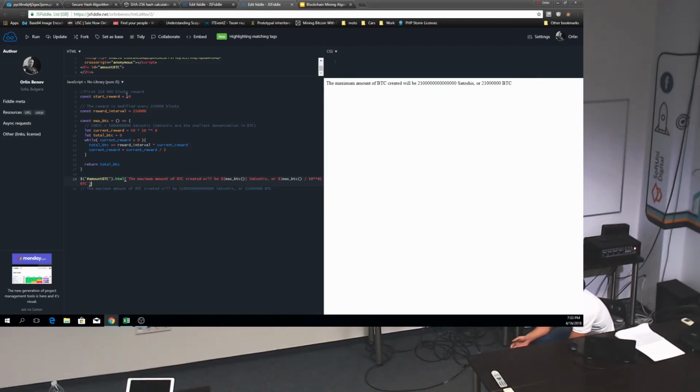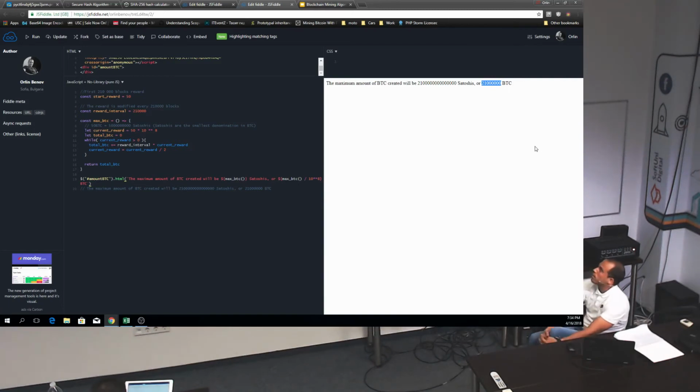We said that every 4 years or 210,000 blocks, this is halved, the price I mean. When it gets 0, we're going to see that no more bitcoins are going to be mined, and the total supply is reached. The output here is 21 million bitcoins. This is going to be the total amount of bitcoins.